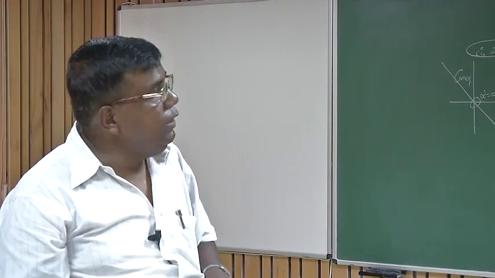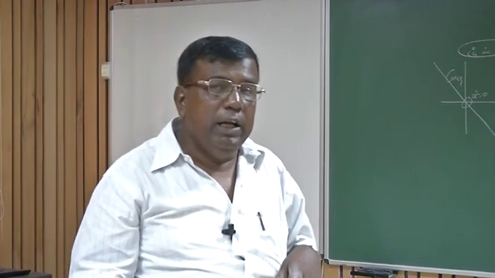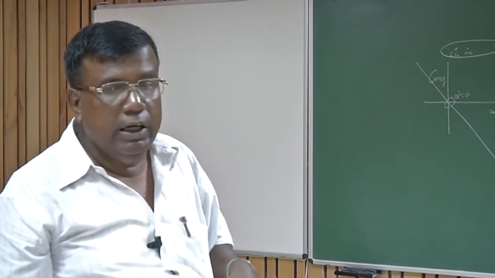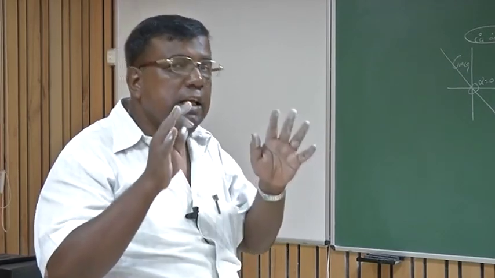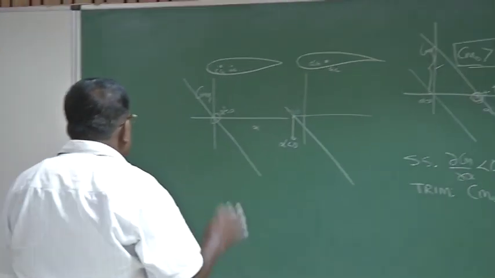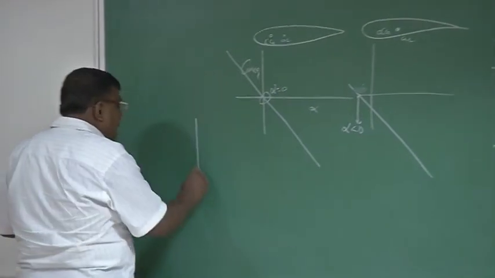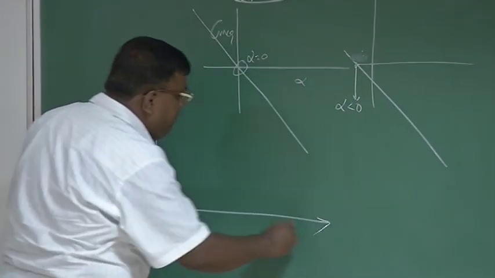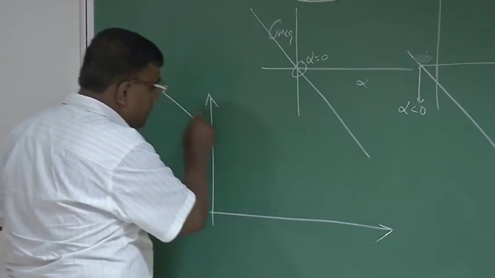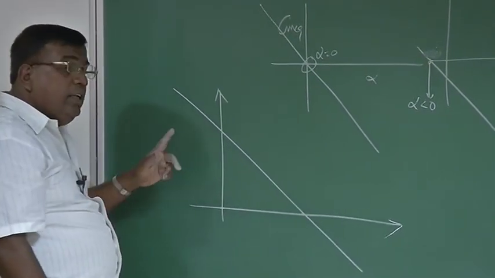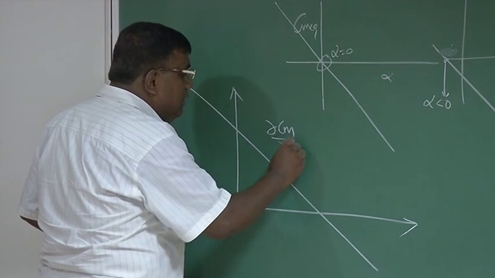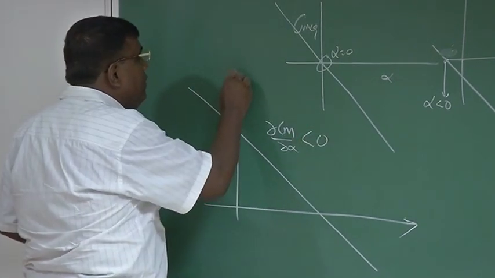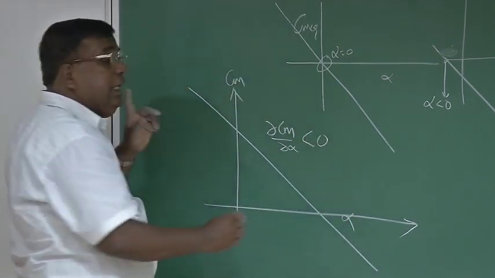But please understand, whether it is a flat plate or a wing alone configuration, the basic understanding is clear: if we want to trim an airplane, fly a lifting object which is stable, then dCm by d alpha, the slope of this line Cm versus alpha, should be negative.